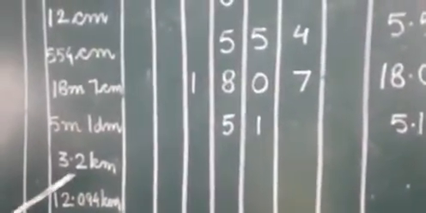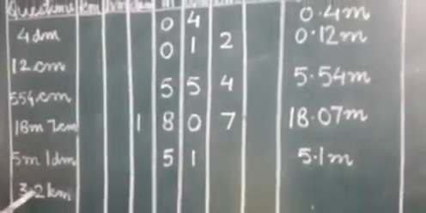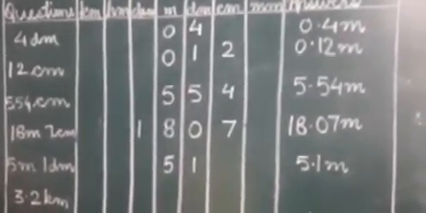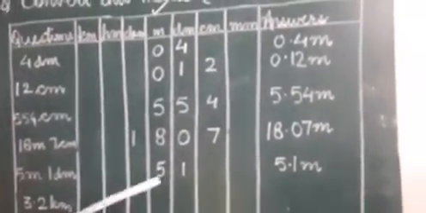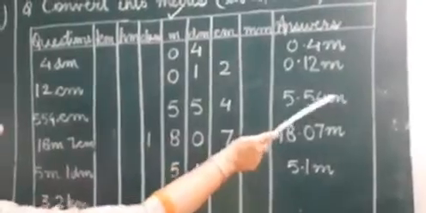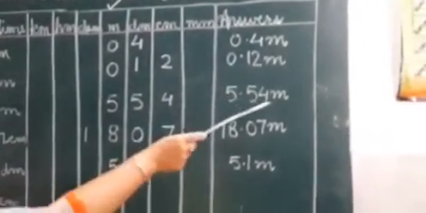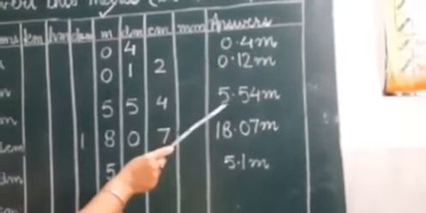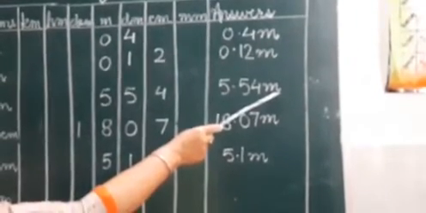Next I have 3.2 kilometer. Now children, here we are already having point. Now how am I going to place such numbers? And the unit is kilometer. Now you all can see that every time we have written meters with the number, it means the number before the point will be written in the column of the unit which has been mentioned with it.